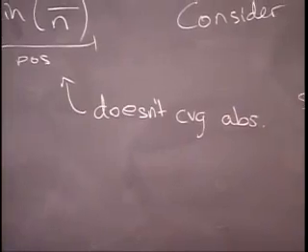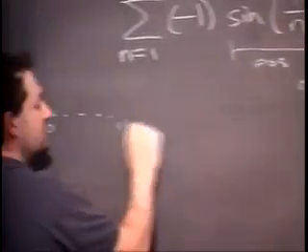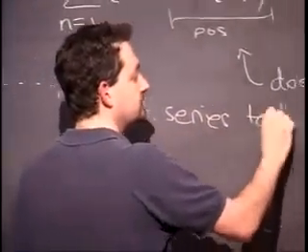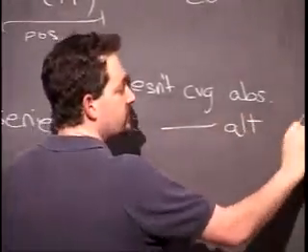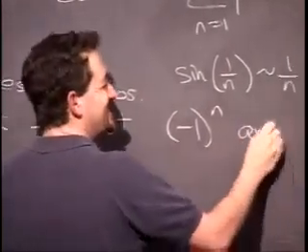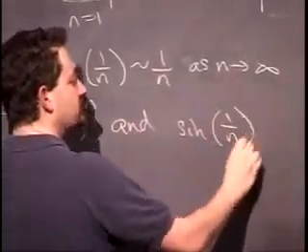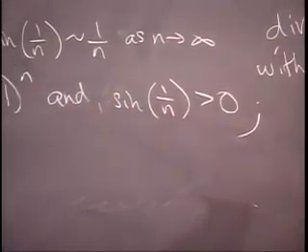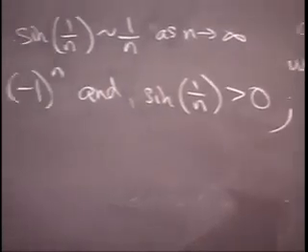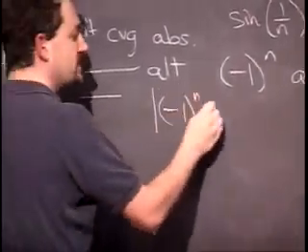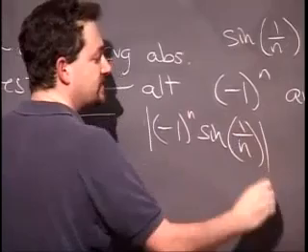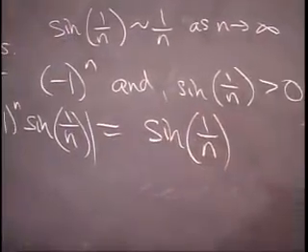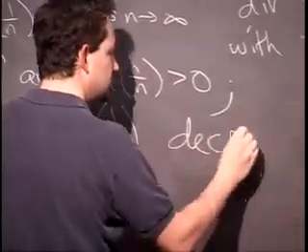On the other hand, let's try the alternating series test. It's clearly alternating because of the minus 1 to the n, and sine 1 over n is positive. Also, if you just consider the absolute value of the terms, which means ignoring the minus 1 to the n, which is sine 1 over n, this is clearly decreasing in n.